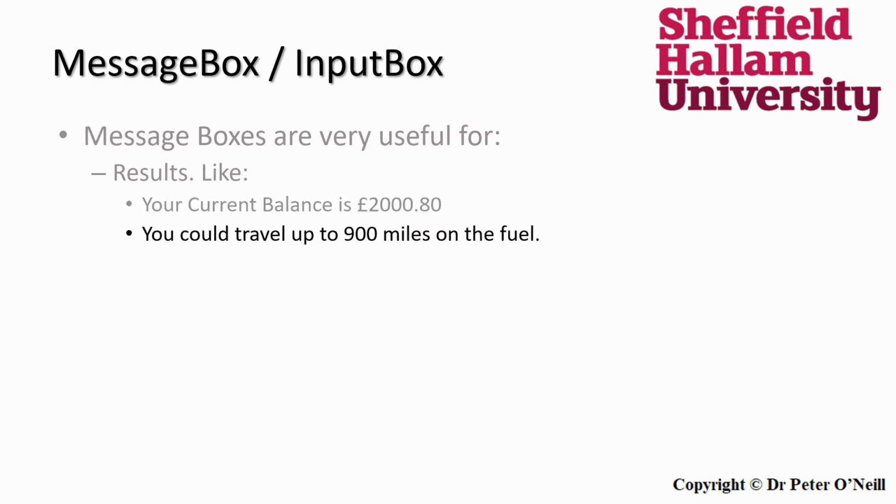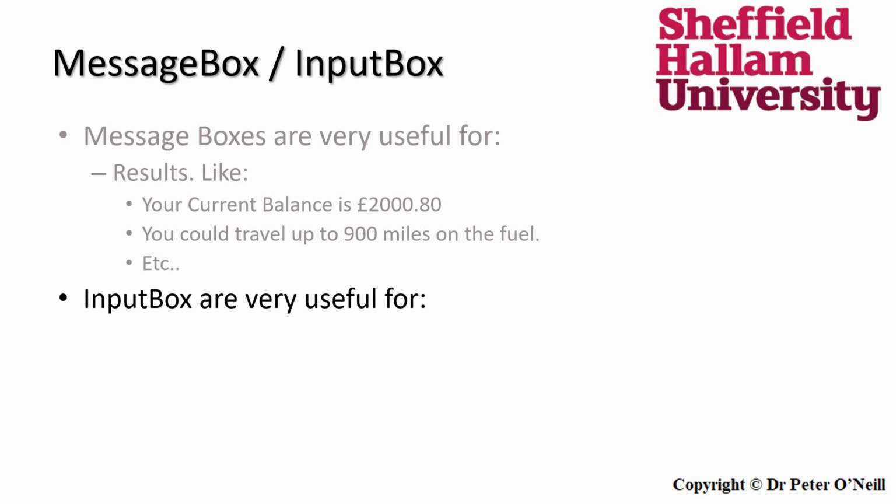If, for example, we were going on a drive somewhere, and we put fuel in the car, and we can travel up to 900 miles on this fuel, then we might want to bring to the user's attention at the start of the journey that you've got up to 900 miles to travel on the fuel. And this goes for other things.